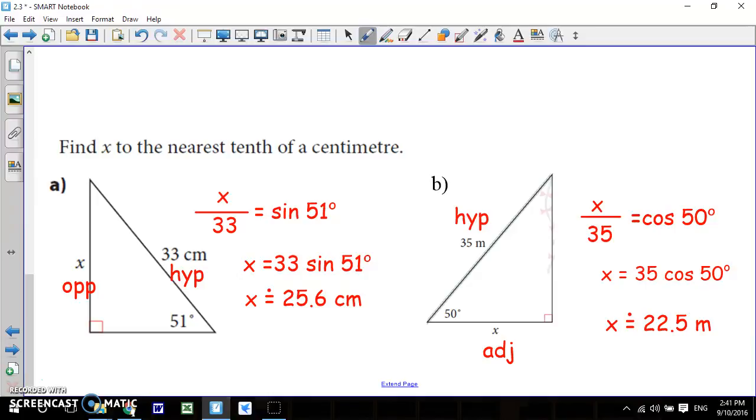If that's the case, your calculator is in the wrong setting, and you can press the mode button or the reset button to fix this, to make sure your calculator is doing all its calculations for these trig questions in degree mode. Okay, so let's go to the next page.